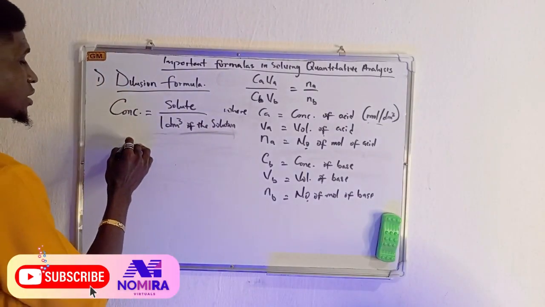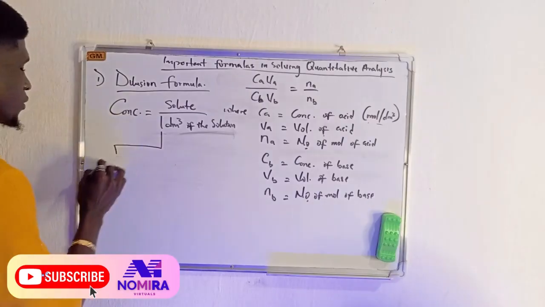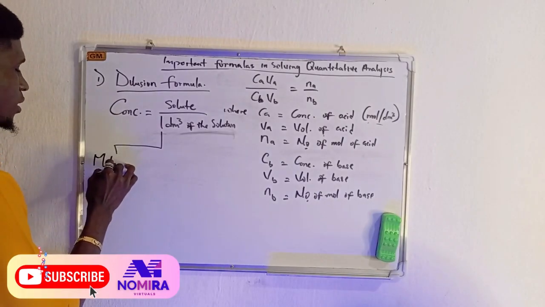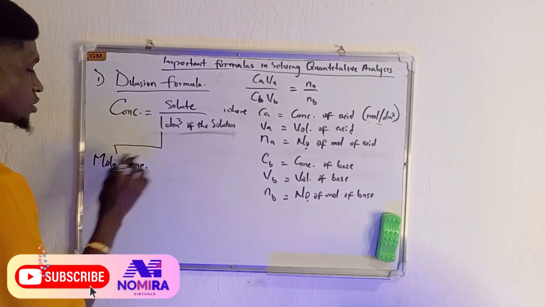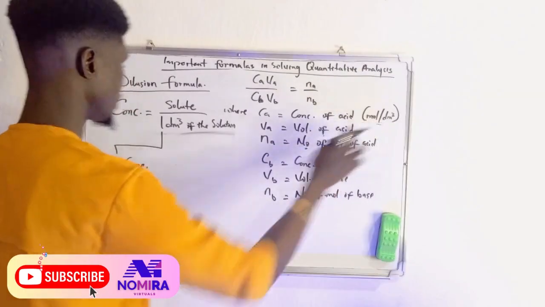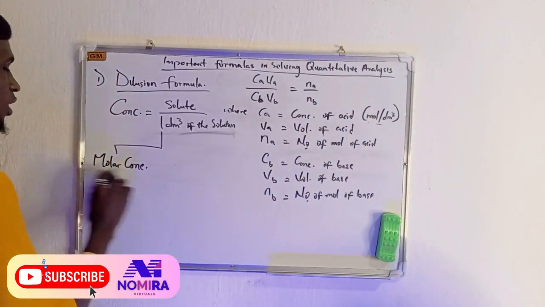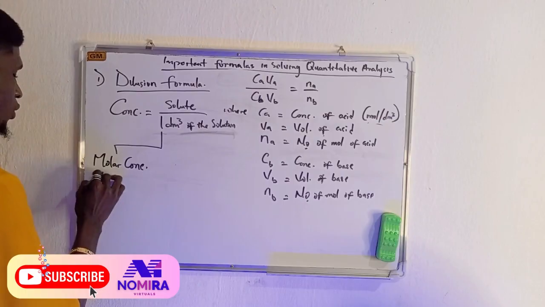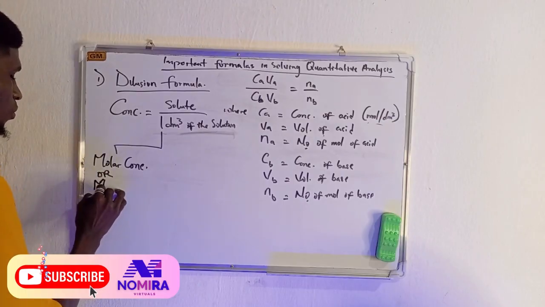Then concentration generally is in two types. We have the molar concentration. This is the one that we just mentioned here, the molar concentration, or what we call the molarity.